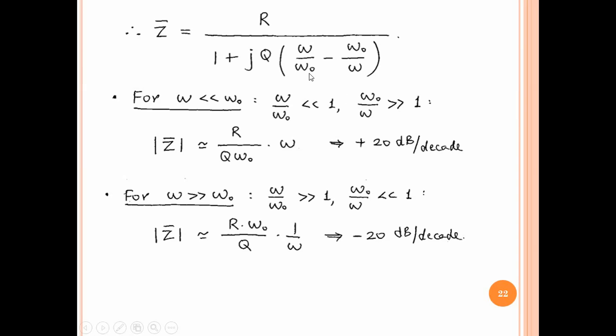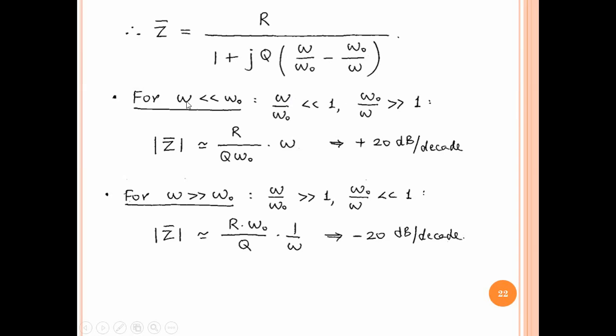Also, I want to point out, if you look at this a little more, this j omega by omega naught term corresponds to the inductor, and the minus j omega naught by omega term corresponds to the capacitor, right? That's kind of clear.